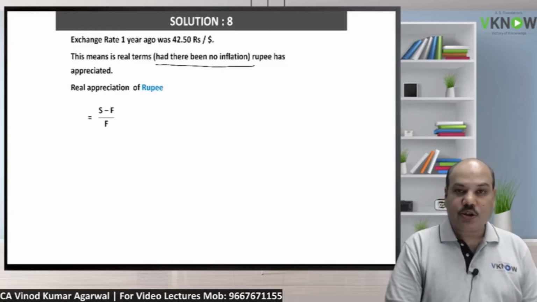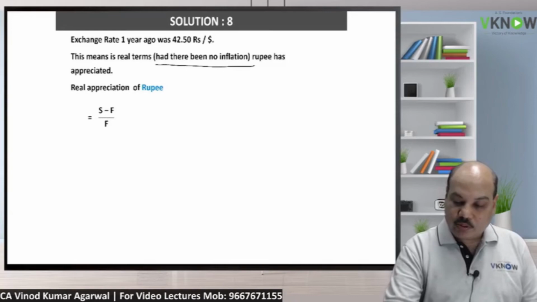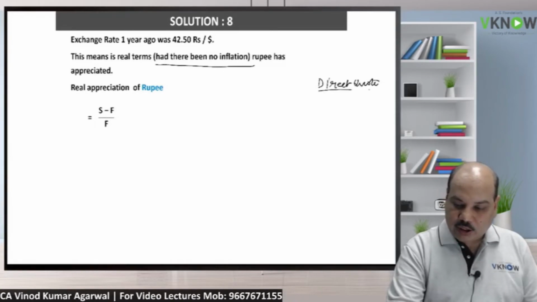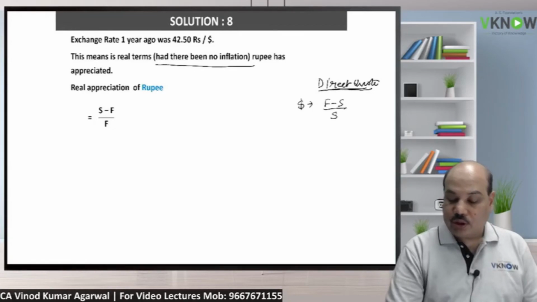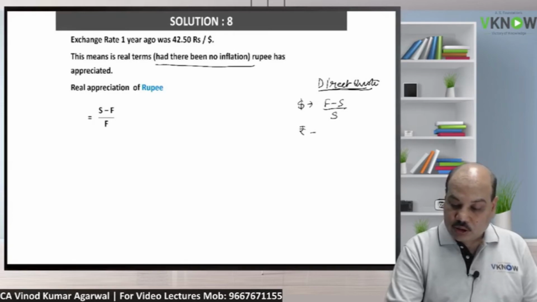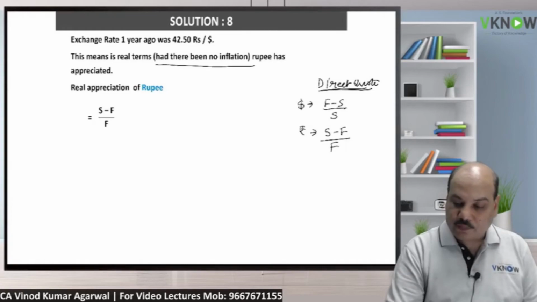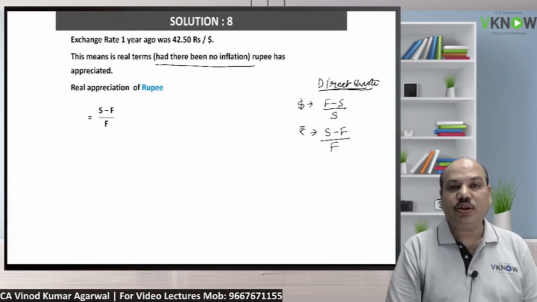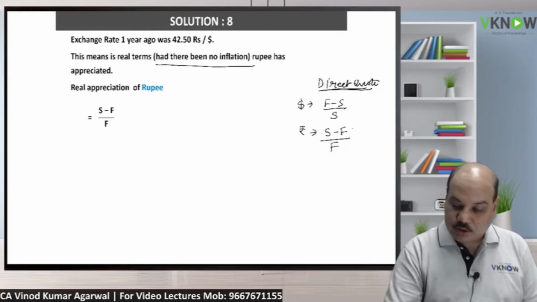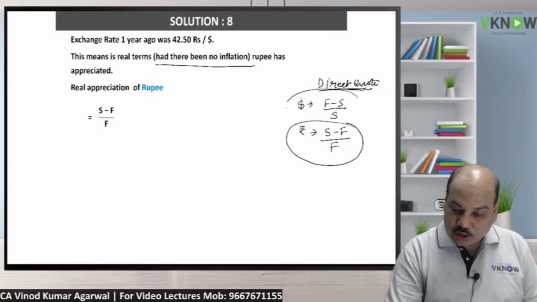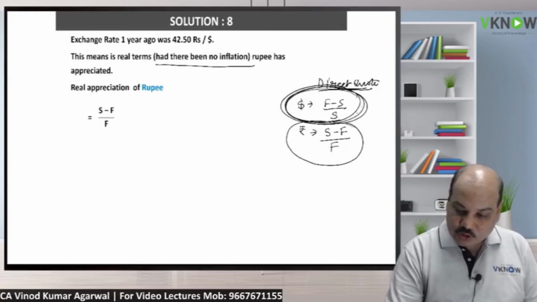So the real appreciation of the rupee will be, now remember we have discussed in your batch, if a direct quote is given, then for the dollar the formula for appreciation is F minus S by S. But for the rupee, the formula will become S minus F upon F to find out the appreciation or depreciation in rupees. Okay, for the dollar, if they would have asked, this is the formula.